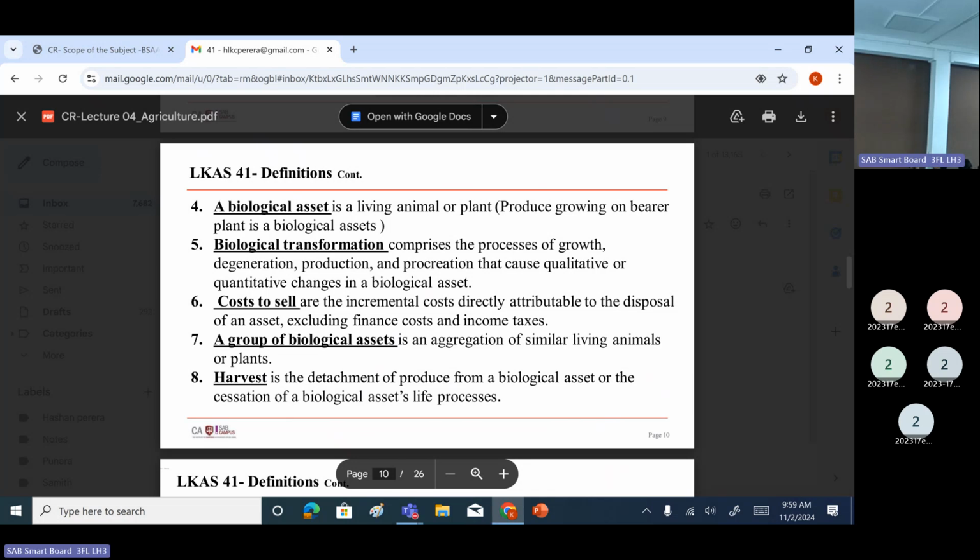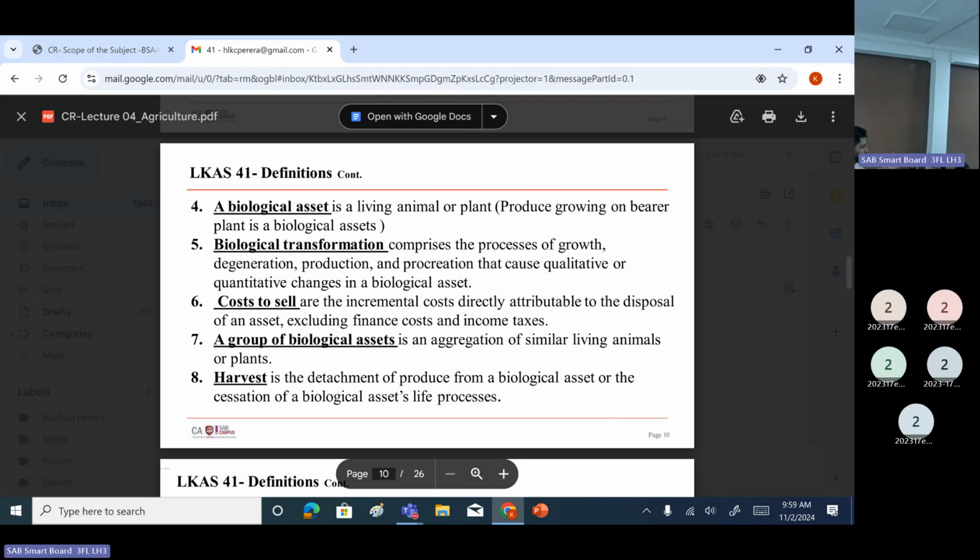If you are running a farm and keeping parent birds, the parent birds may be used to get other birds. Let's say a bird farm or some other farm, you are keeping parent birds to get small ones, day old chicks.